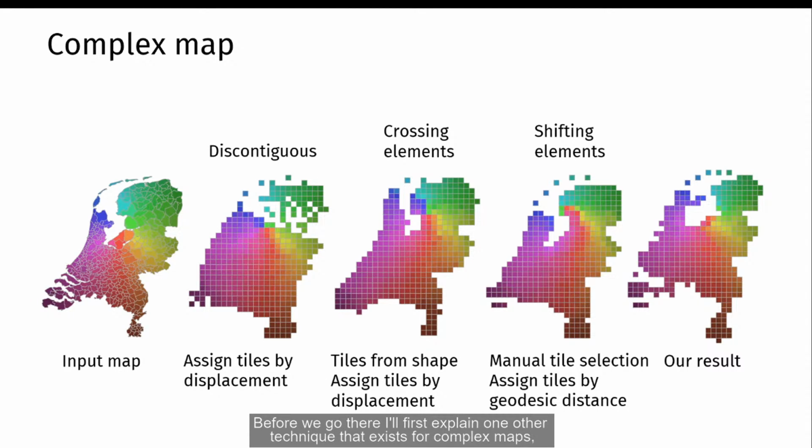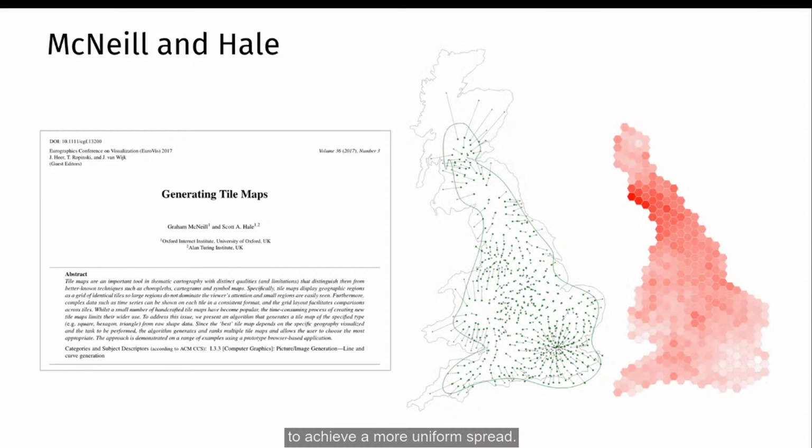Before we go there, we'll first explain what techniques exist for complex maps and explain the limitations of that technique. The technique is from McNeill and Hale's paper, Generating Tile Maps. Roughly speaking, their technique works by first redistributing the points to achieve a more uniform spread.